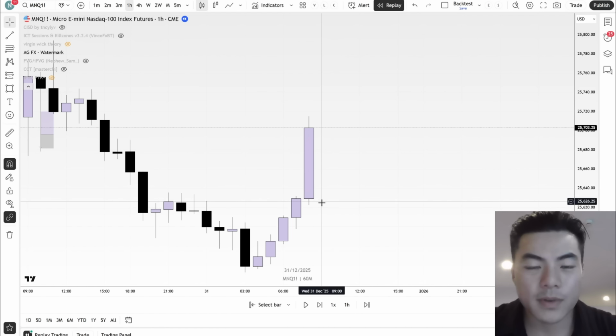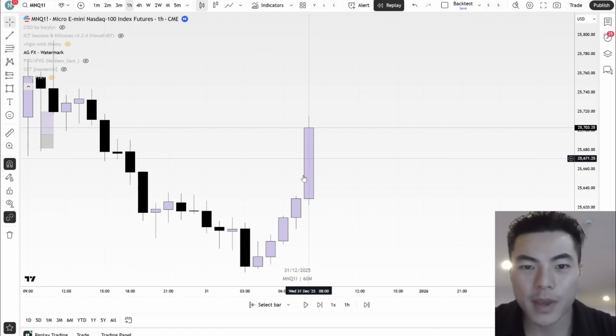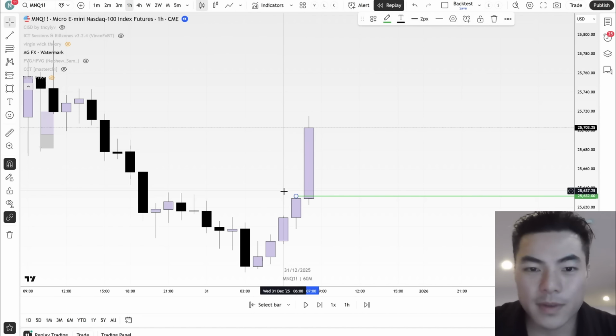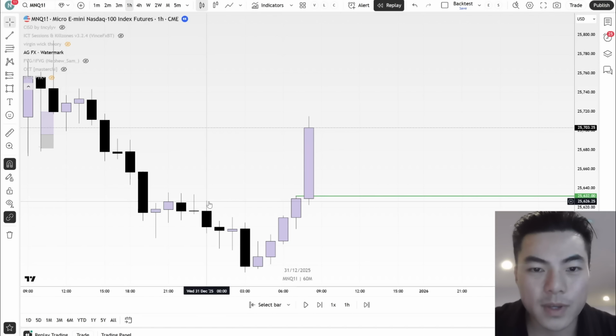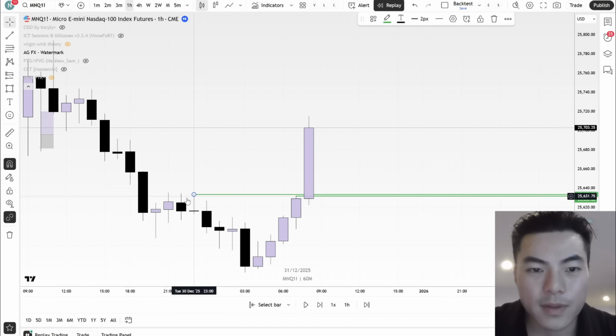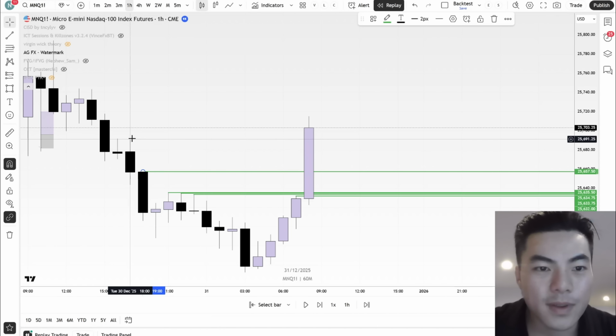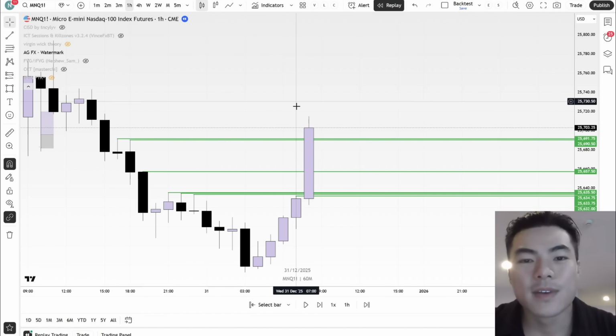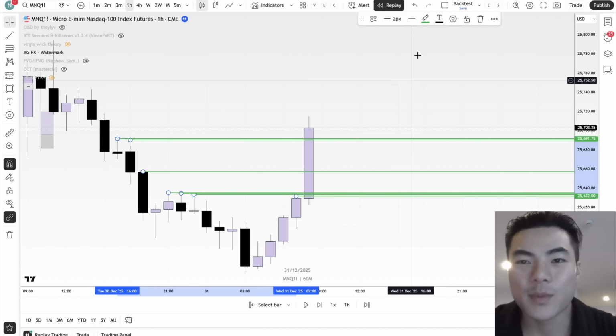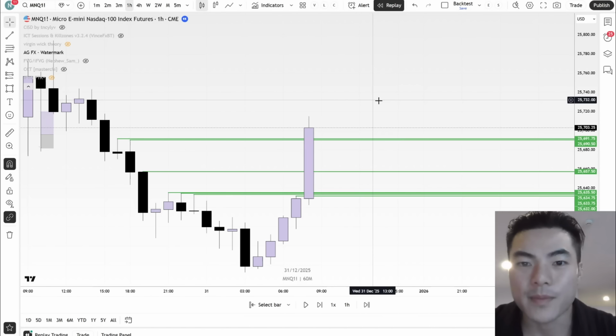All right, next one. So we've got this 8 a.m. candle closing strongly through this virgin wick, this one, this one, this one. Quite a lot here. So these are your bullish points of interest where we want to look for longs.